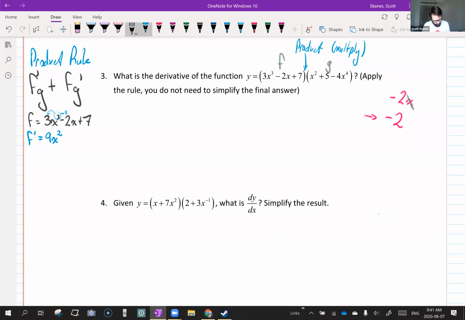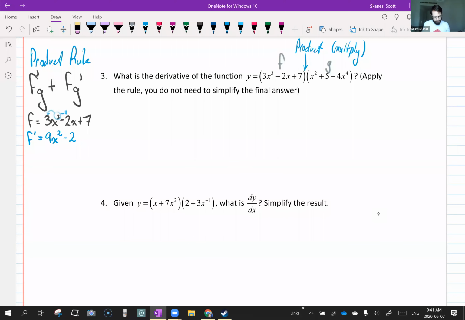So anyway, this just gets canceled, and it gives us minus 2. So remember, if you had 7x, the derivative of that would be 7. If you had negative 14x, the derivative of that would be negative 14. It just deletes the x. If you have just a single x, just remove it, is what I'm trying to say.